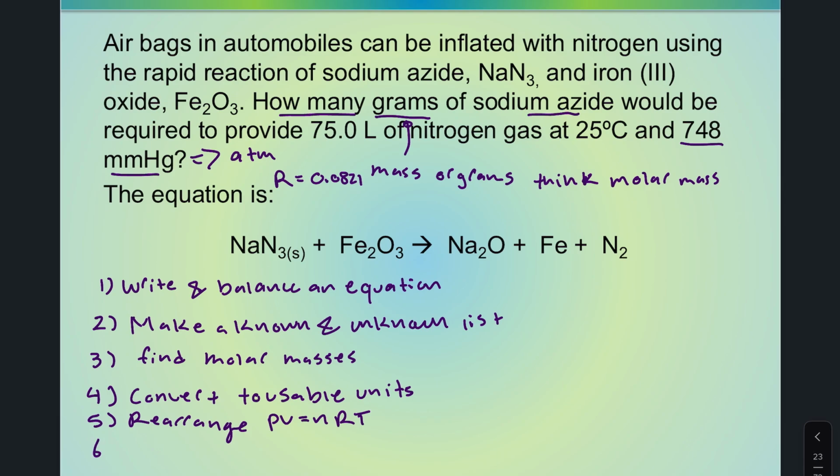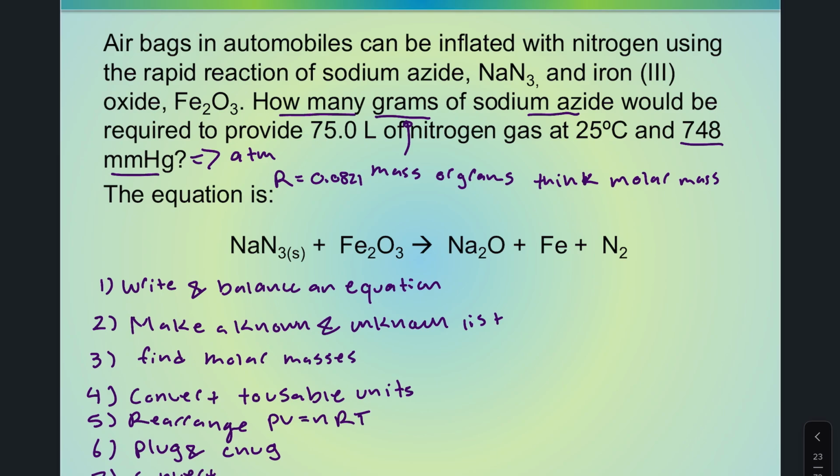And then we will do a little bit of plugging and chugging. What that means is basically you're going to take all of the values that you have and plug them in. So once you have gathered everything that you need, you can just plug things in. So plug and chug.